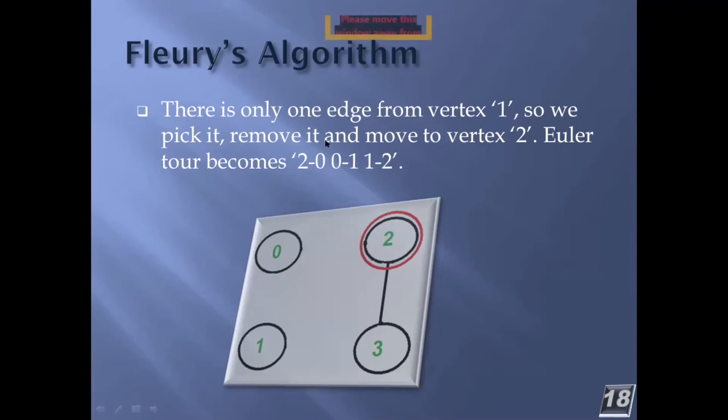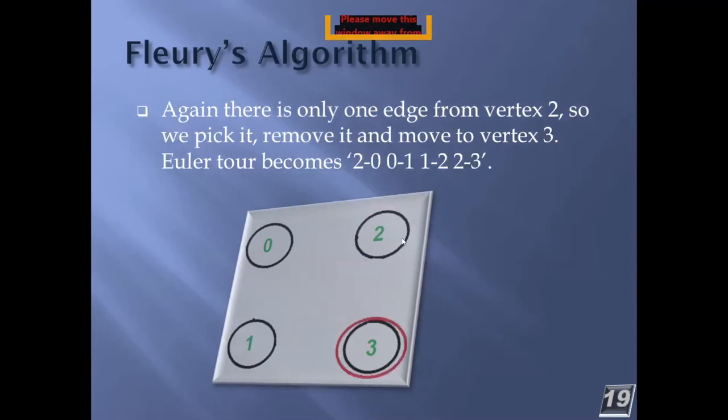There is only one edge from vertex 1, so we pick it, remove it, and move to vertex 2. The Euler path becomes 2 0, 0 1, 1 2. Again there is only one edge from vertex 2, so we pick it, remove it, and move to vertex 3.